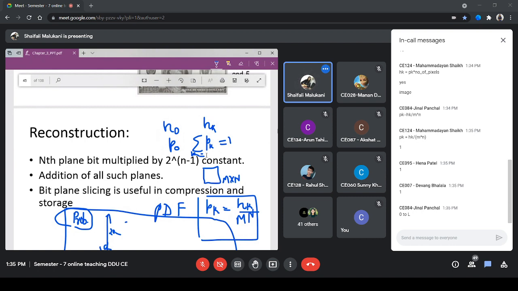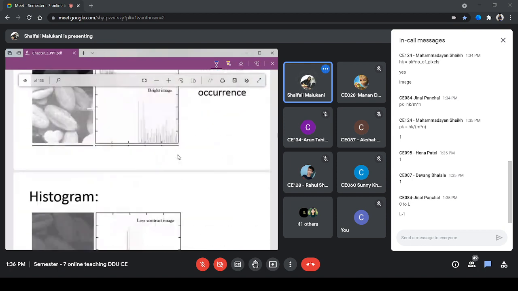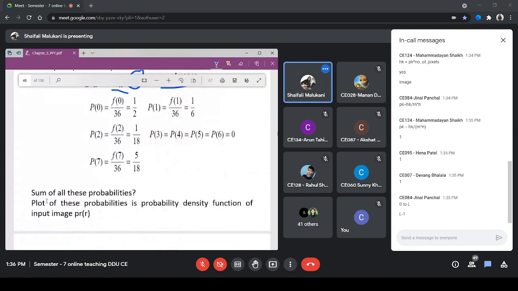Or 0 to 256? It will be 0 to L minus 1, absolutely correct. This is a simple but useful statement, and we will use it. So the sum of these probabilities is 1.